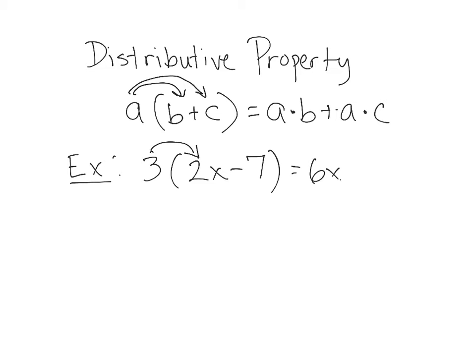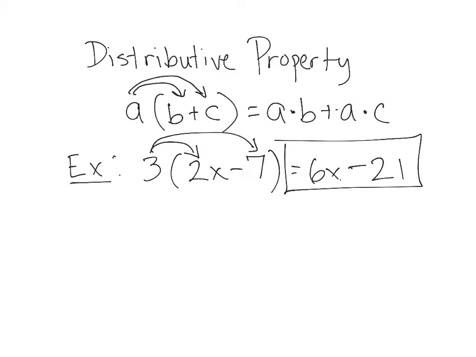Then I can multiply the 3 by my negative 7. That would be my A times C from the general formula. When I multiply 3 times negative 7, I'm left with a minus 21. So by the distributive property, I can say that 3 multiplied by 2x minus 7 is equal to 6x minus 21.